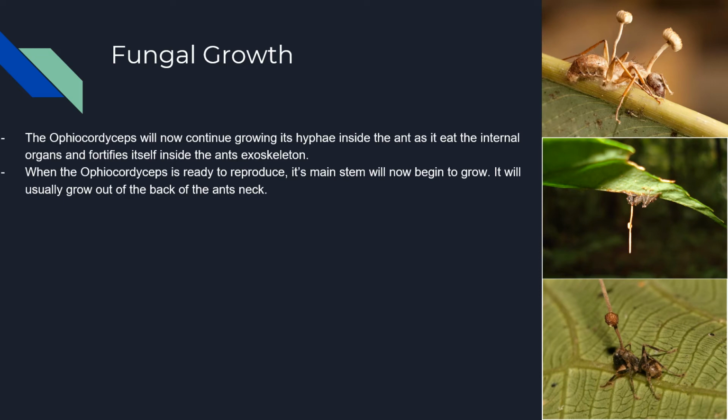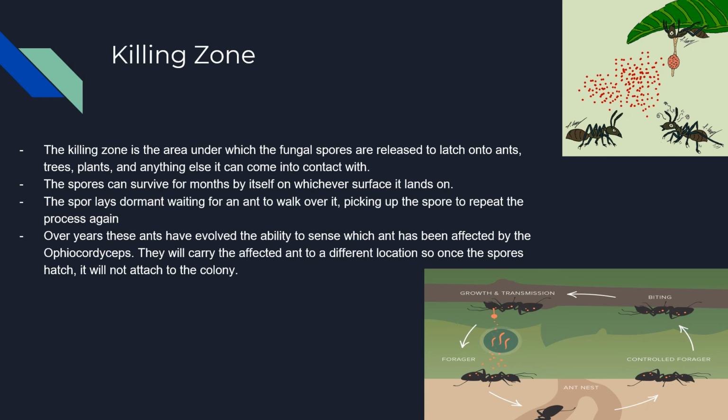As you can see in the pictures on the right, there are examples of them growing out of the back of the neck, and one example of it growing out of the bottom of its torso in the top right picture. All right, so now we're on to the final step, which is called the killing zone.